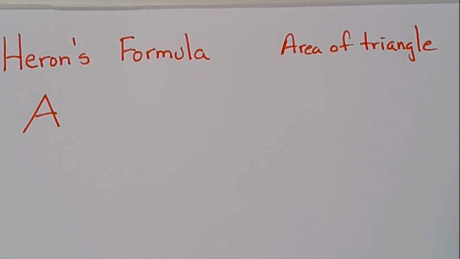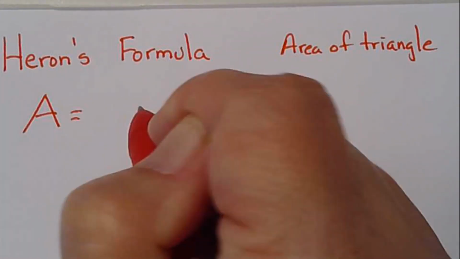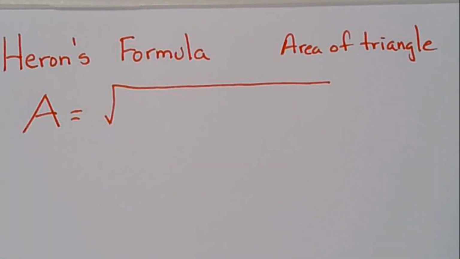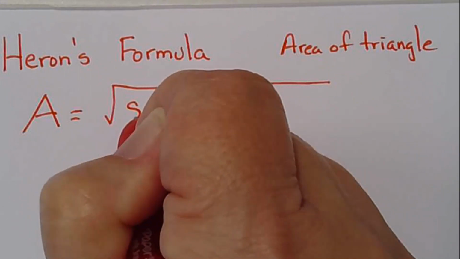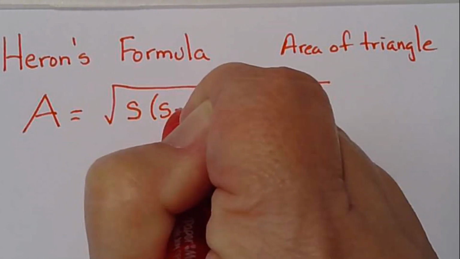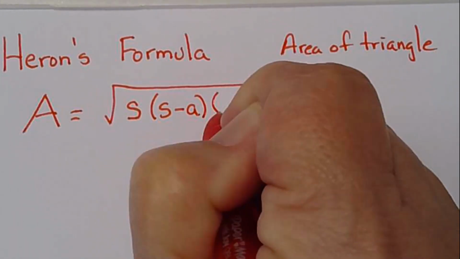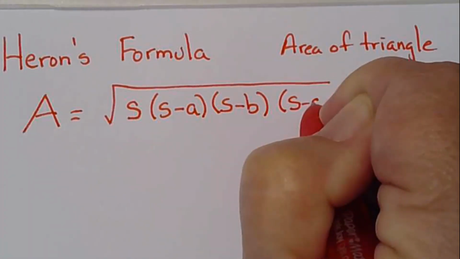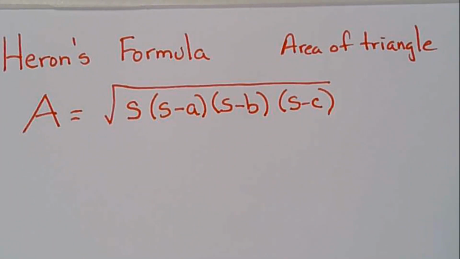Capital A for area equals the big giant square root of S(S minus A)(S minus B)(S minus C). That's it. That's the whole formula.